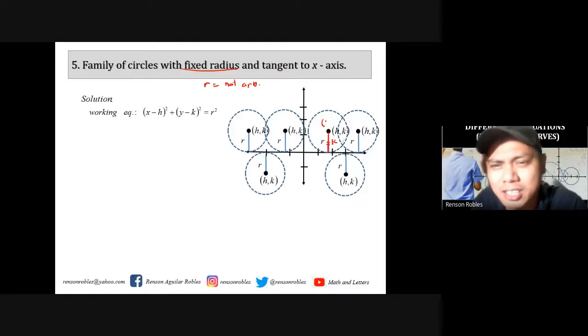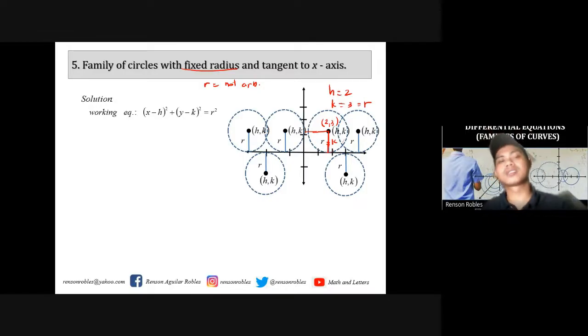Let's consider a point, say (2, 3). So h here is equal to 2, from this point going to the y-axis is 2, and k is equal to 3. Since it's tangent to the x-axis, r is also equal to 3.